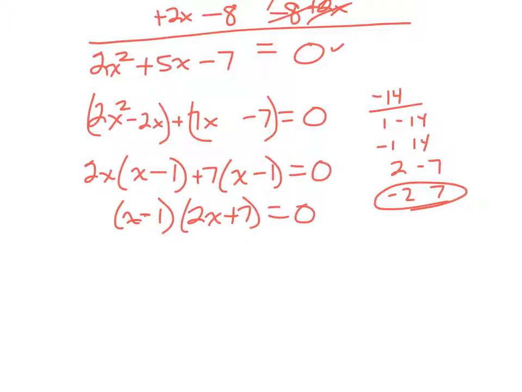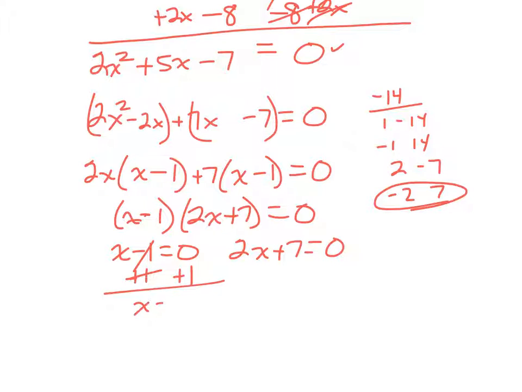Step 3, take each factor, set it equal to 0, and solve. So x minus 1 equals 0, 2x plus 7 equals 0. Add 1, and we get x equal to 1.